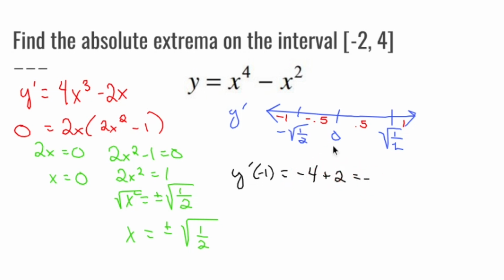So that gives me a negative, so you're decreasing. Okay, if I plug in negative 0.5, y prime of negative 0.5, I'm going to ask Siri to do this one for me because I don't have enough space to do it in my head. 4 times negative 0.5 cubed minus 2 times negative 0.5.